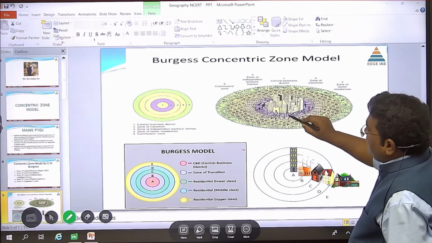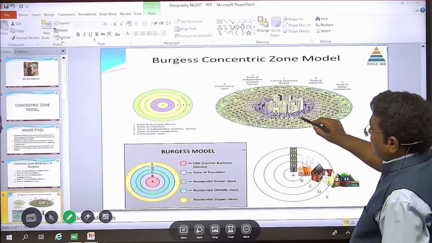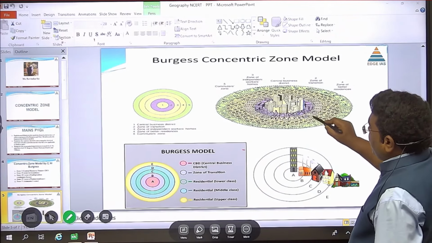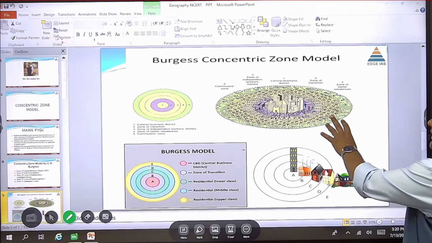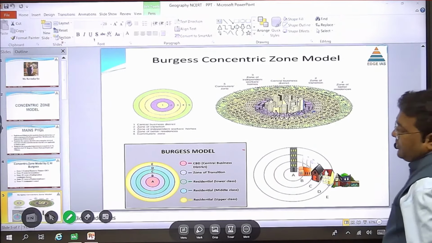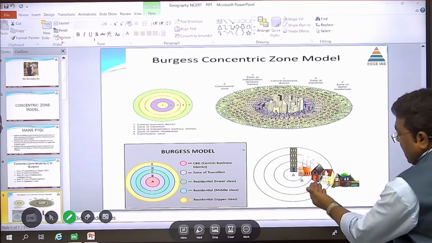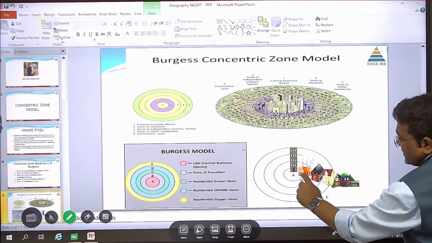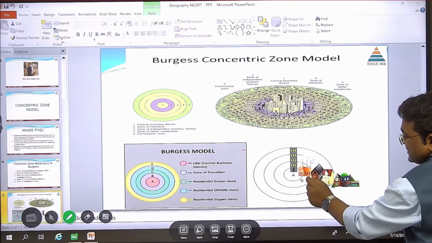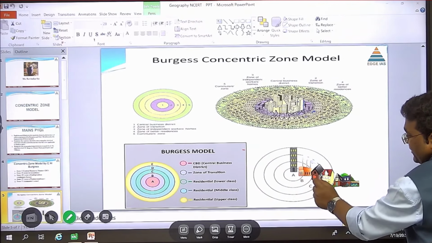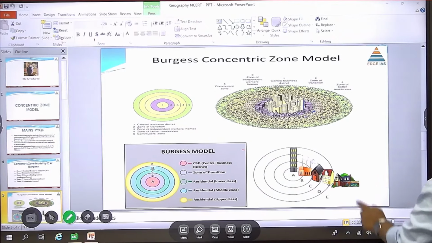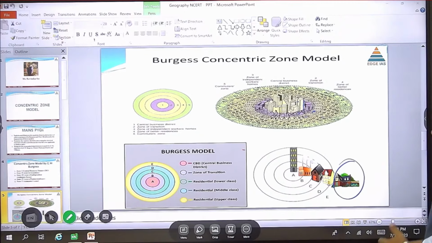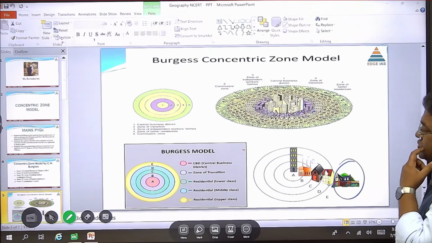Tall buildings, then transition, then independent workmen, then better residence, then commuter zone. Right? So you can see it in picture form also. Then see how they are decreasing. Tall buildings, transition zone, light industries, independent workmen's homes, then better residence, commuter zone. They have huge buildings; the commuter zone you can see here. They are ready to bear the transport cost also here.